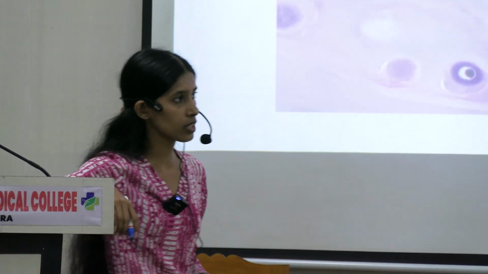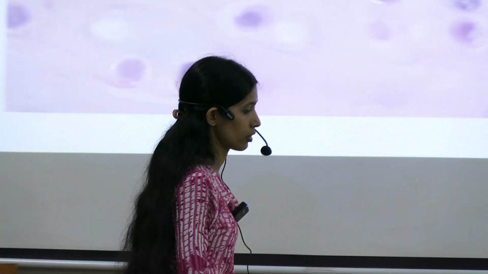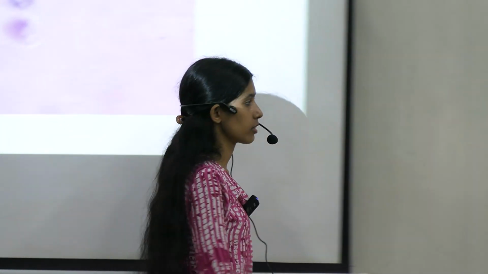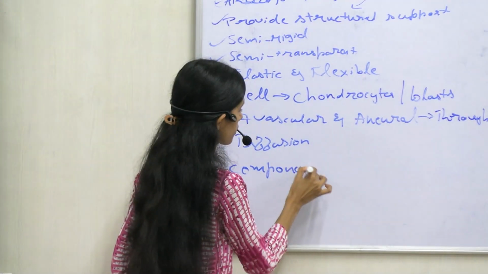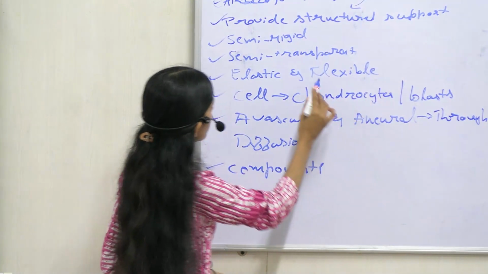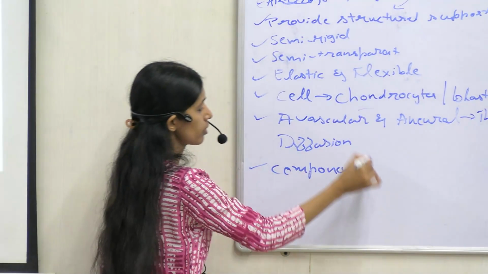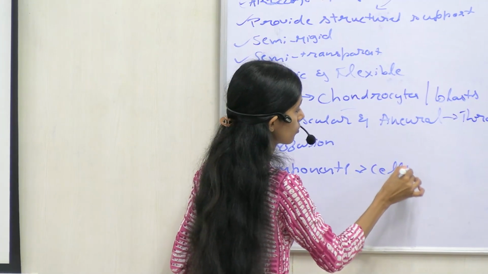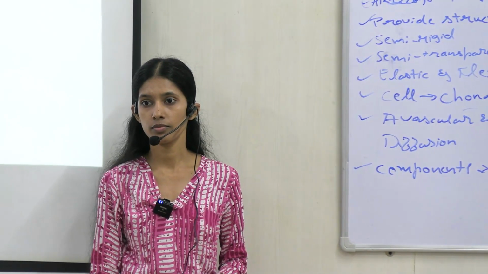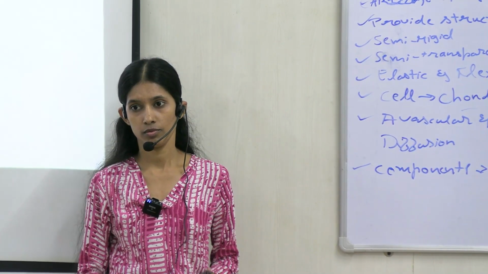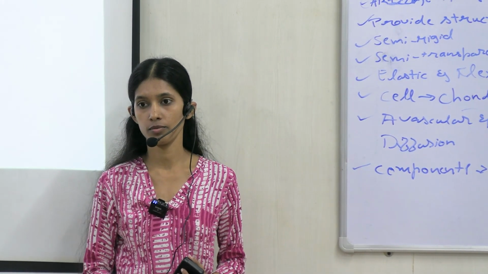The components present in your cartilages are cells, which I already mentioned here, chondrocytes. So it is cells. What else can we see?